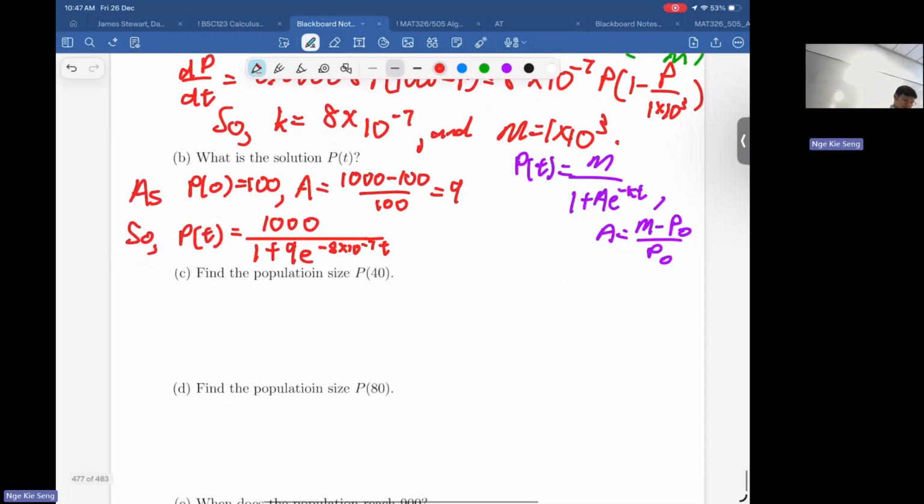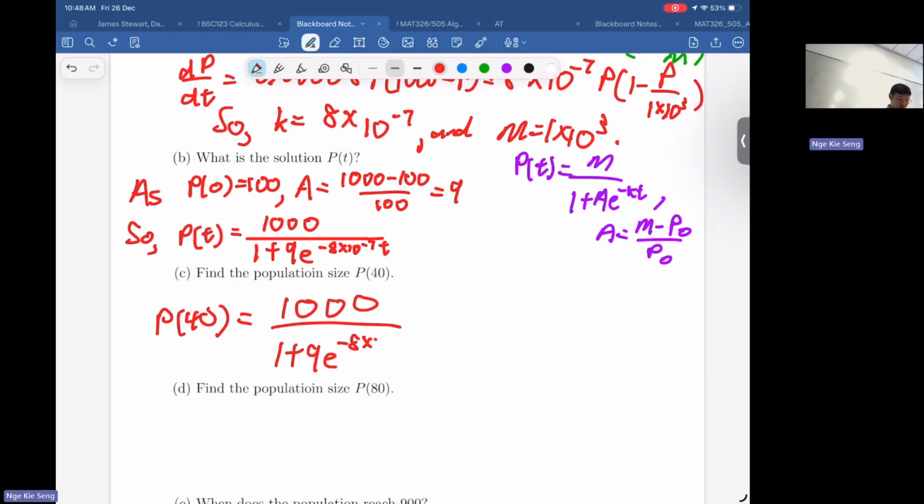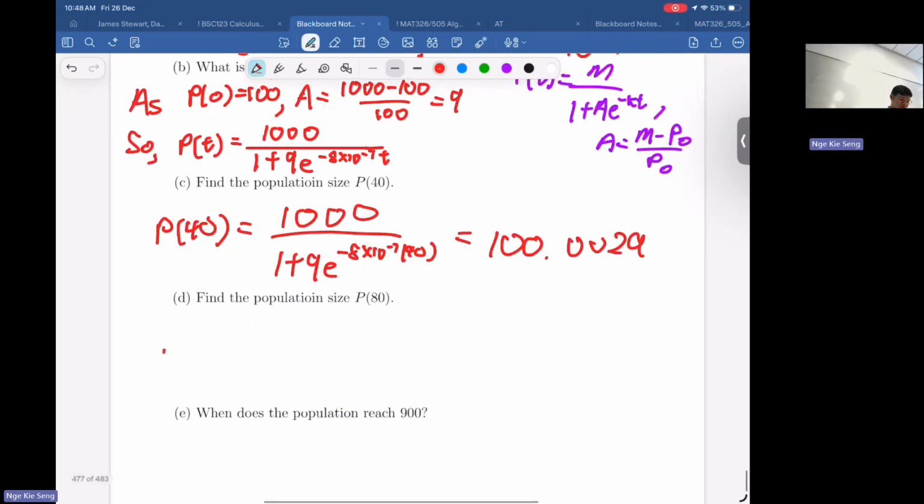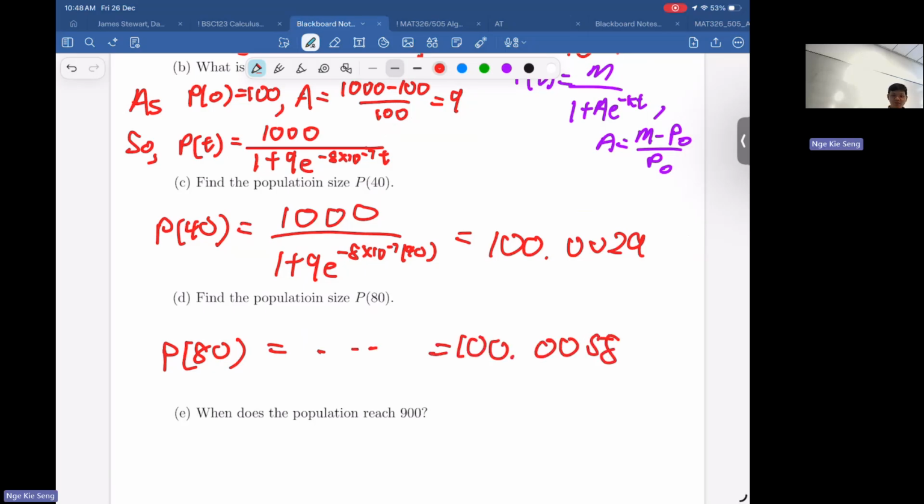So what's P40? It's 1,000 over 1 plus 9 times e to the, so basically this is just substitution. If it is 40, what you get is just 100.0029. It's very slow, actually. Even if you go to 80, it's still slow. I don't know, maybe they set the wrong number.